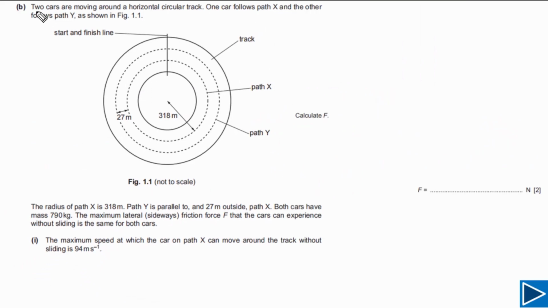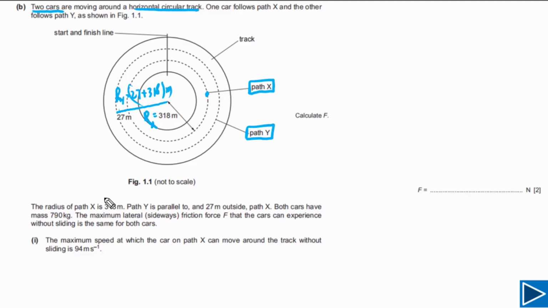For part B, it is given that 2 cars are moving around a horizontal circular track. One car is moving in circle X, and the other car is moving in circle Y. The radius of circle X is given, and that is equal to 318 meters. We can say this is Rx. The radius of circle Y we can also find out, and that will be equal to 27 plus 318 meters.